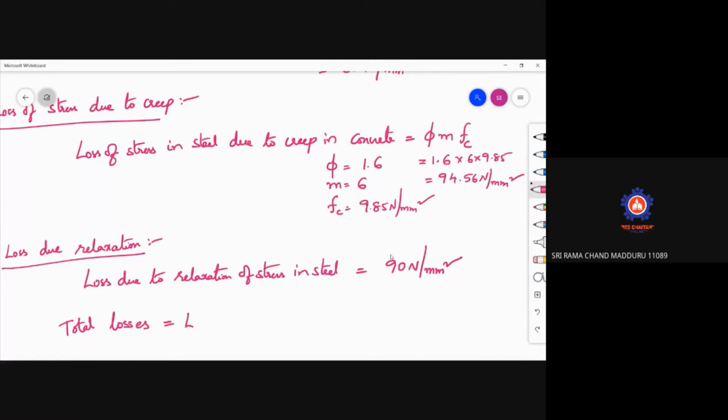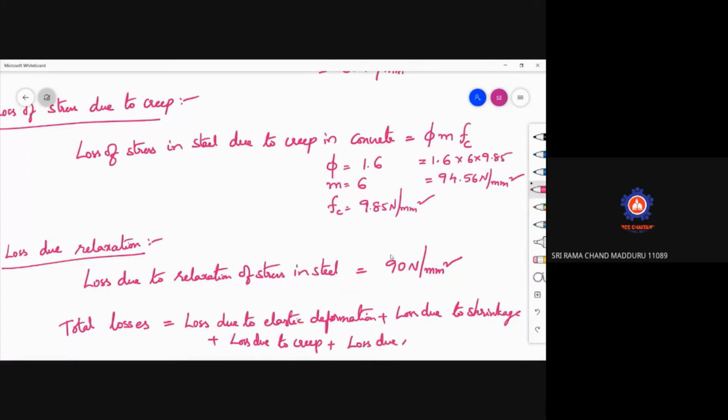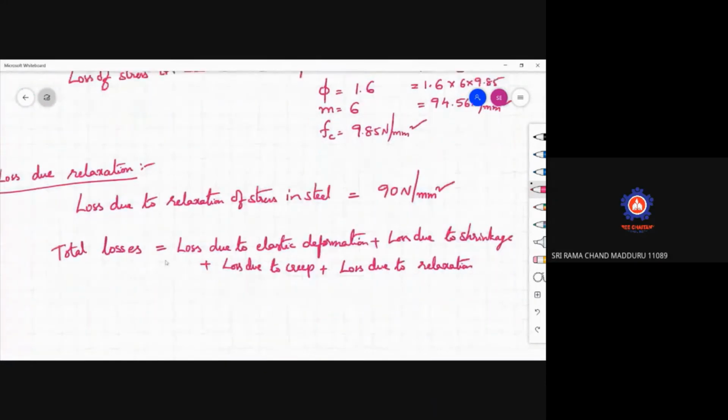So add everything: loss due to elastic deformation, plus loss due to shrinkage, plus loss due to creep, and finally loss due to relaxation of stress in steel. So all these losses are happening in the pre-stressing steel.